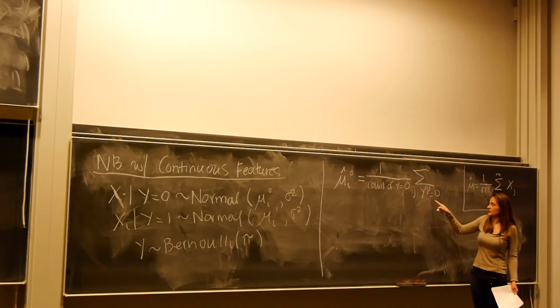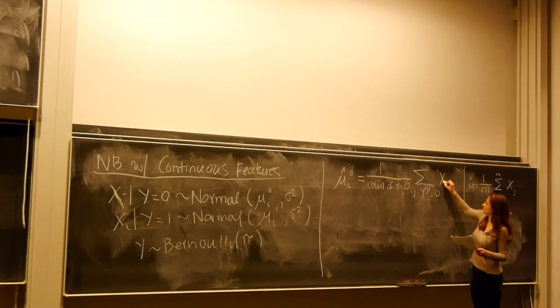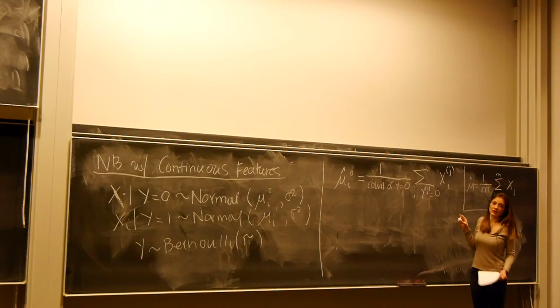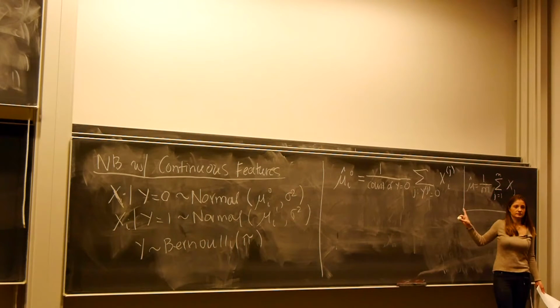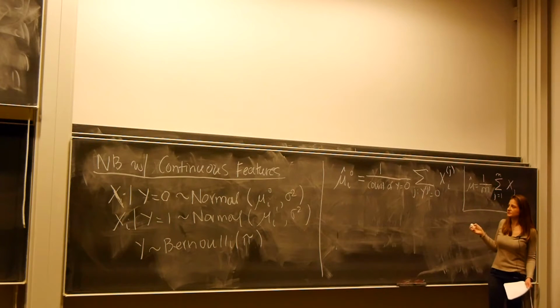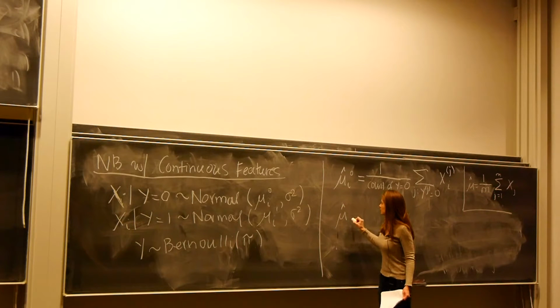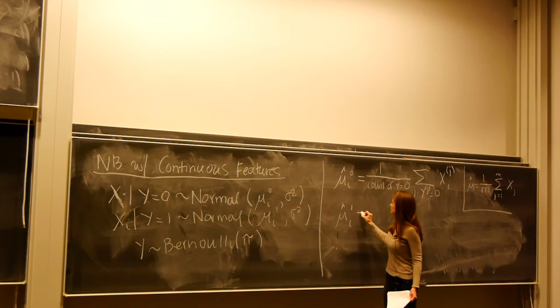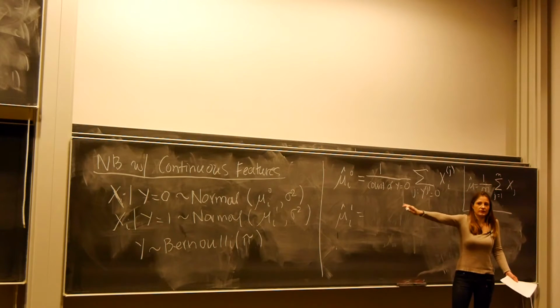So we're just going to sum over the examples where the label is 0, and we're going to add up the ith feature of the jth example. Does that make sense? Okay. And then for mu hat i1, we'll do the same thing, but replace y equals 0 with y equals 1, just like we did over there.